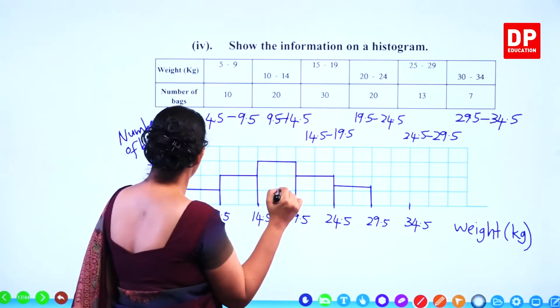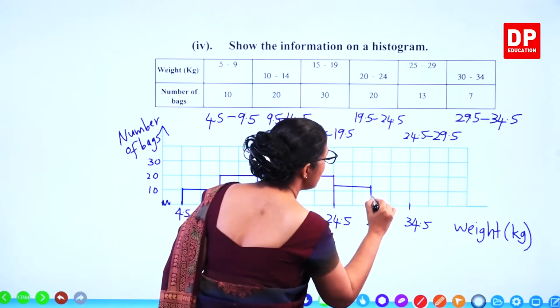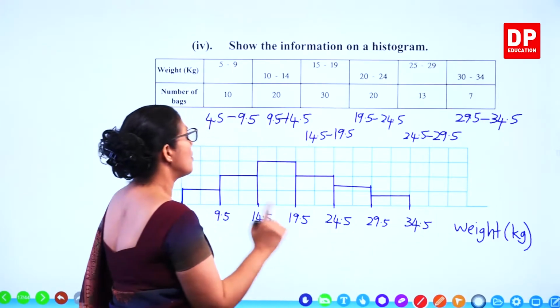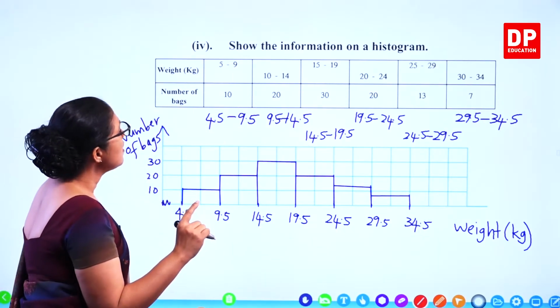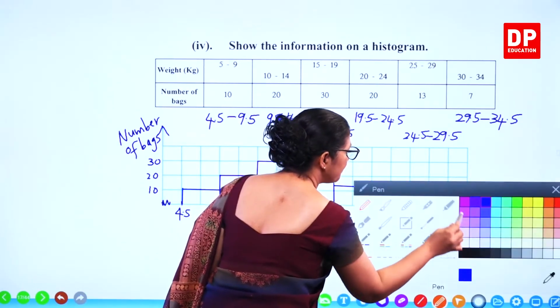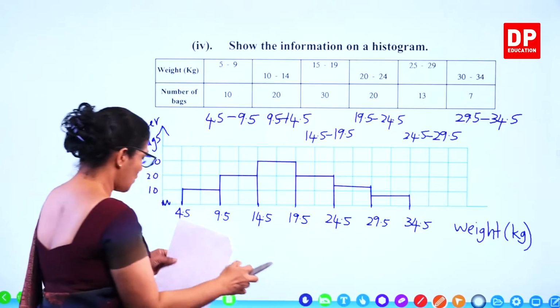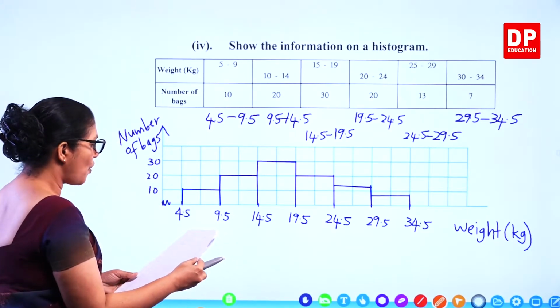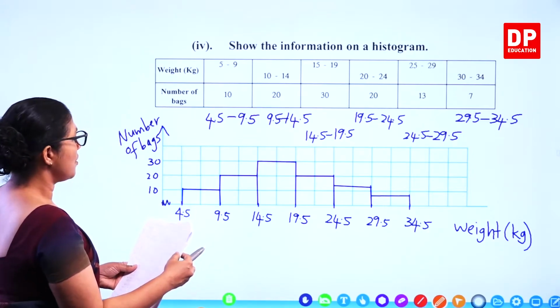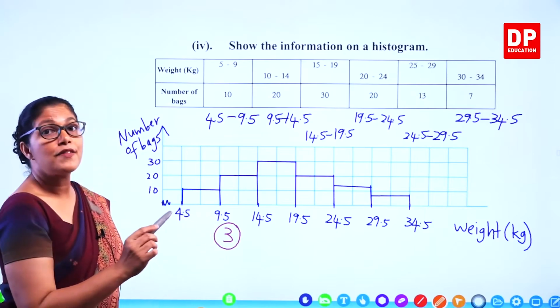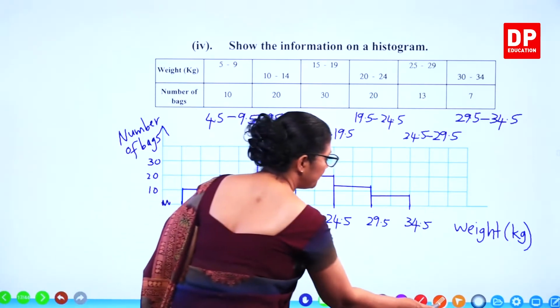And 7, we can take this much. So this is the histogram. So you get 3 marks for the histogram. So we gave 10 marks for the whole thing.